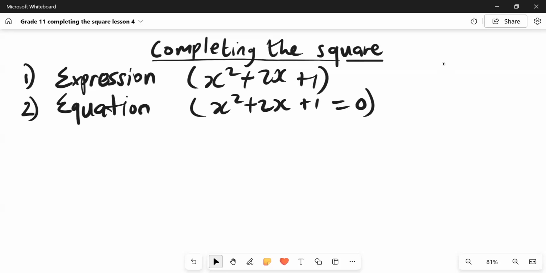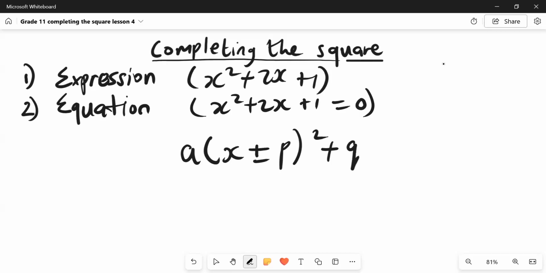Now, completing the square on a quadratic expression is a technique used in order to express the quadratic expression in the form of x plus or minus p all squared plus q. So you move from this form to that form there, right?